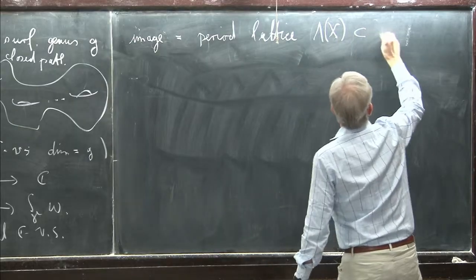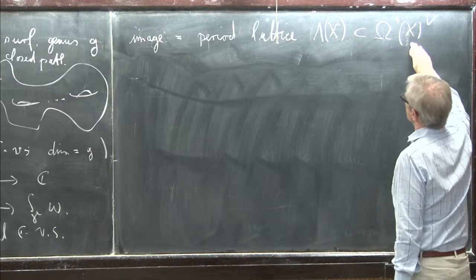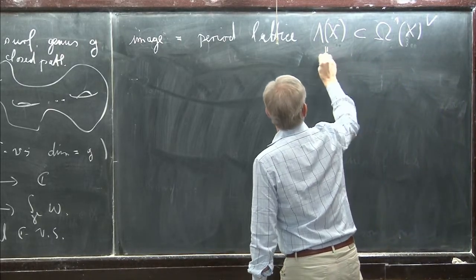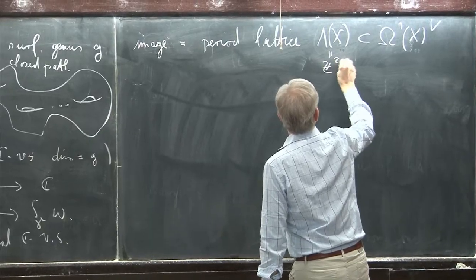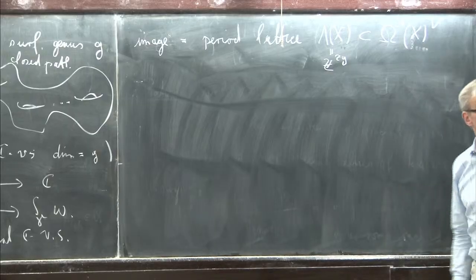Yeah, this sits inside omega 1 of x dual. So this is a C vector space. And this is a subgroup which is free, generated by 2g generators inside here.